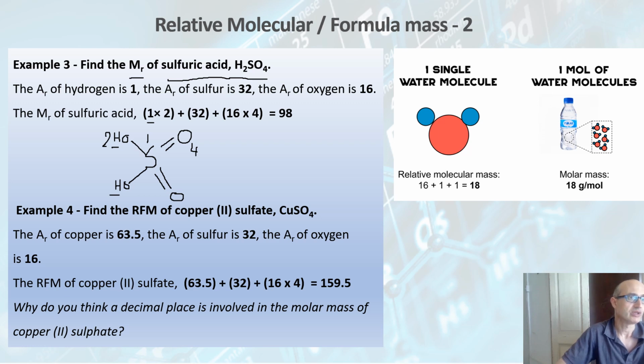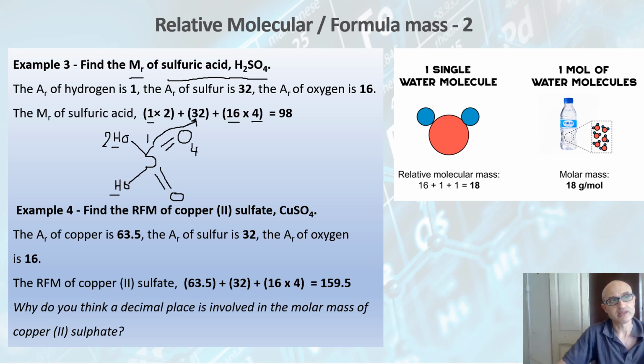Likewise for oxygen. In the case of oxygen, we've got 4 oxygen atoms, so the relative atomic mass for oxygen has to be multiplied by 4. In the case of sulfur, there is only 1 sulfur, and it has a relative atomic mass equal to 32.